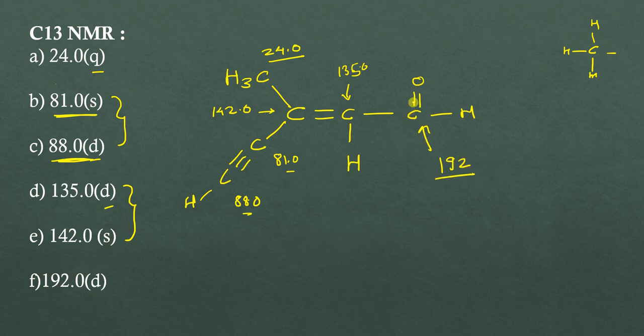So the carbonyl carbon in C13 appears at a higher value, so it should be above 200 most of the time. But if it is conjugated, then it may appear below 200 ppm, right? So it has appeared at 192 ppm. So this also supports the presence of a conjugated carbonyl. So this must be the structure for this compound, right? Thank you so much.